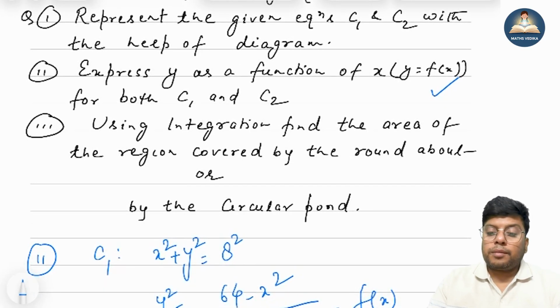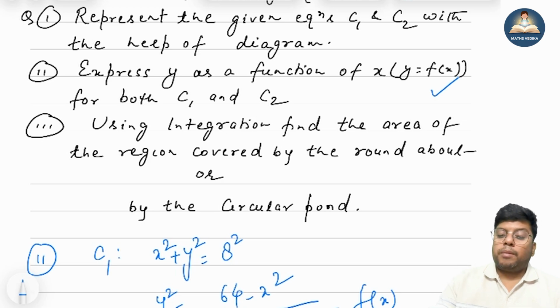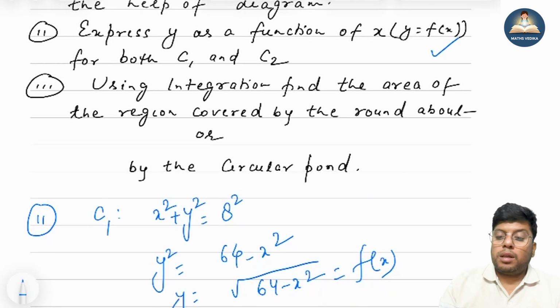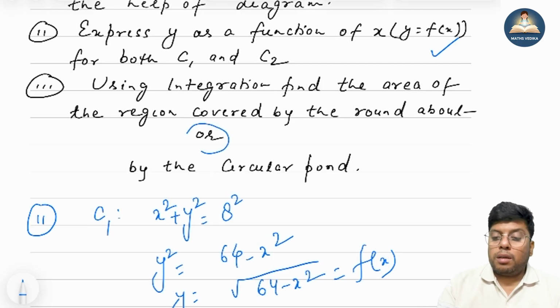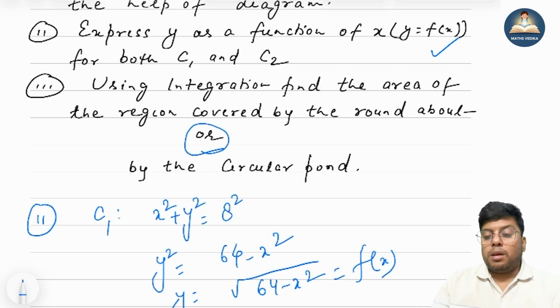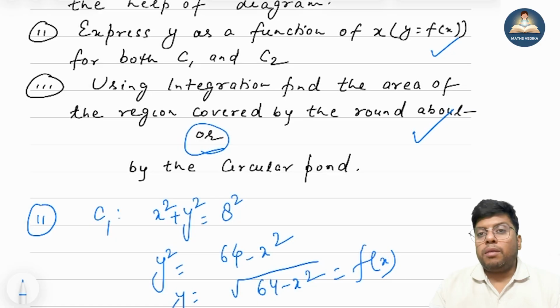Third question: using integration, find the area of the region covered by the roundabout or the circular pond. In question number 3, we have to find the area of the roundabout or the area of the pond, which means we have to find the area of one of the circles. So we'll find the area of the roundabout.